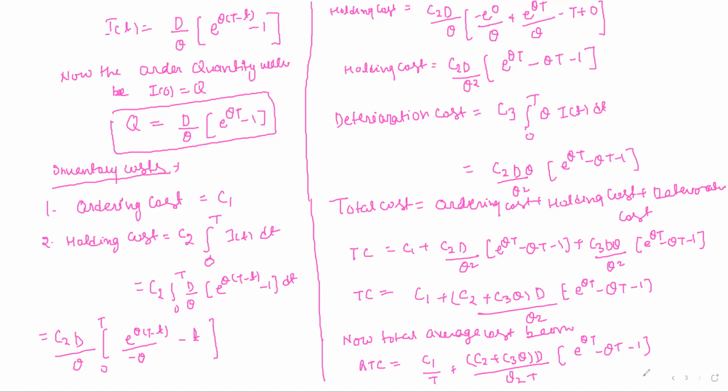Now we go for the next. So here, the total average cost is C1 upon T plus C2 plus theta C3, d upon theta square T, into e to the power theta T minus theta T minus 1.